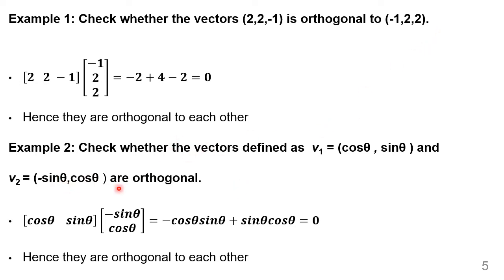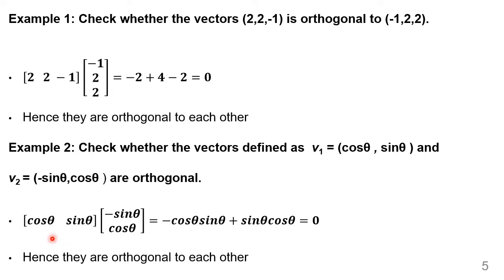Let us take the second example where we have defined the two vectors v1 and v2 as v1 equal to cos theta, sin theta, and v2 equal to minus sin theta, cos theta. We need to check whether v1 is orthogonal to v2. So we have x transpose into y, that means in this case it is v1 transpose into v2.